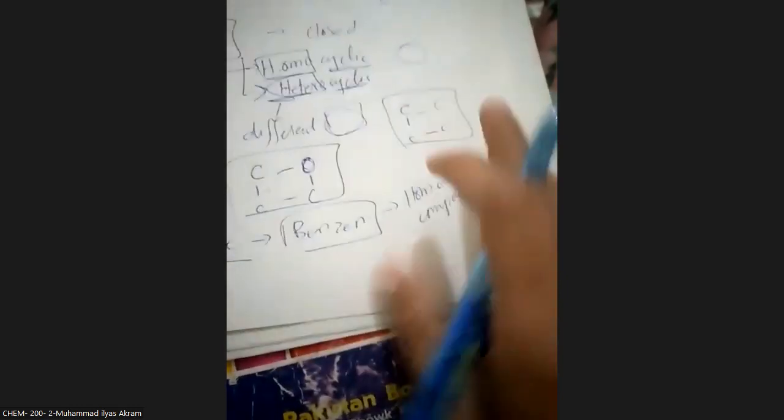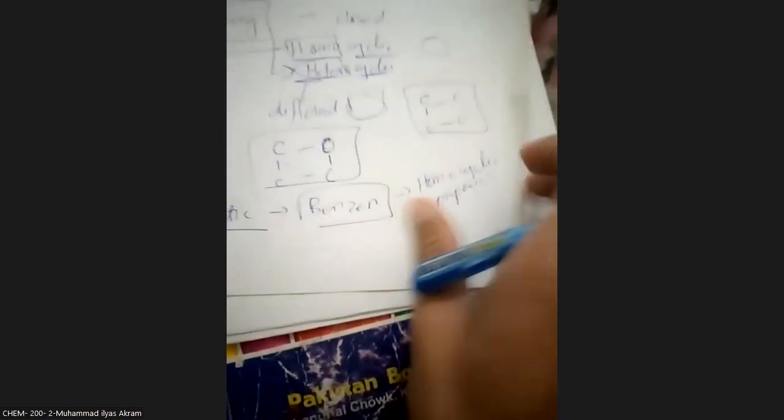While if any atom in the benzene changes, this will form a heterocyclic compound, such as this closed ring of carbon atoms, but here is an oxygen atom.